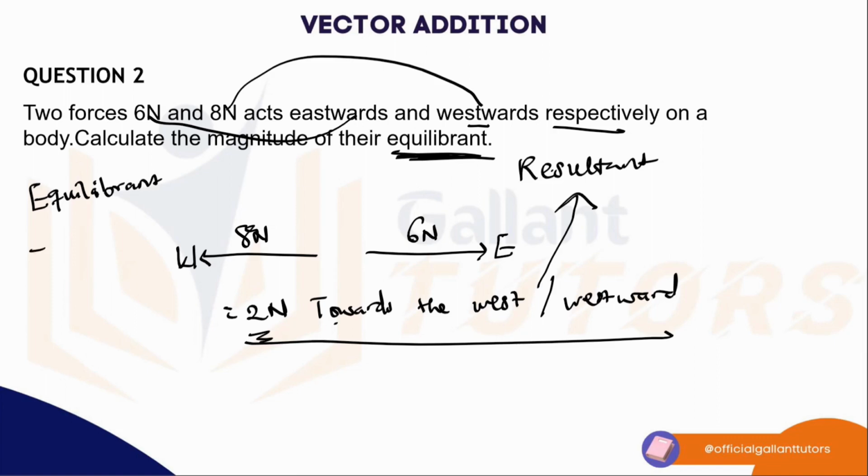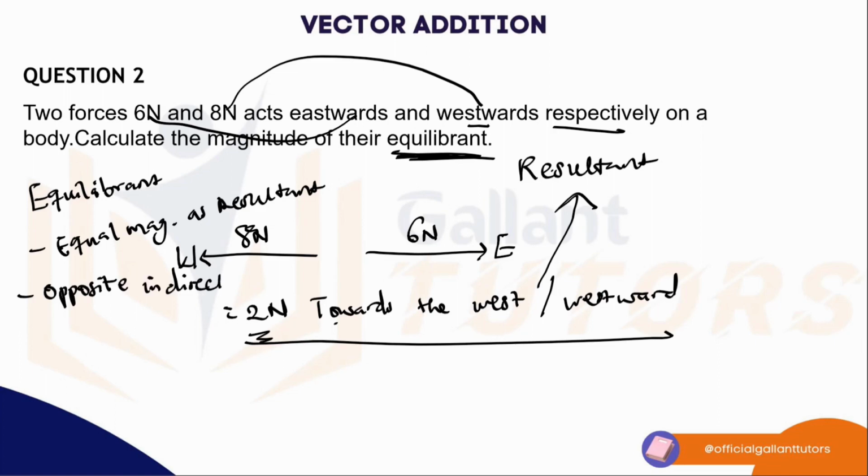So we have equilibrant has equal magnitude as resultant, right? But opposite in direction. Please take note of this, very important.